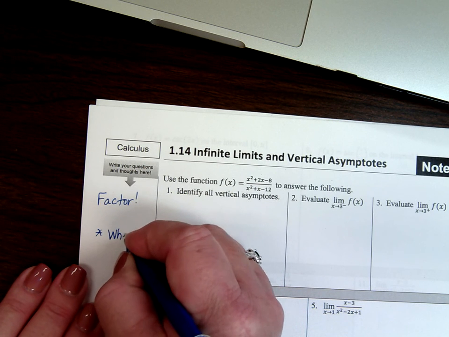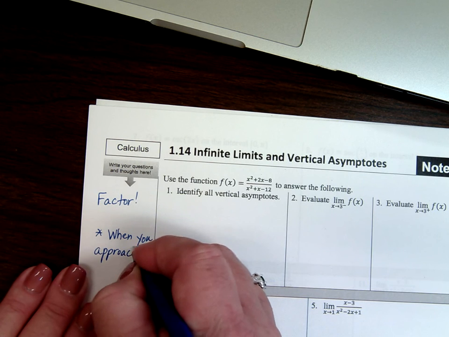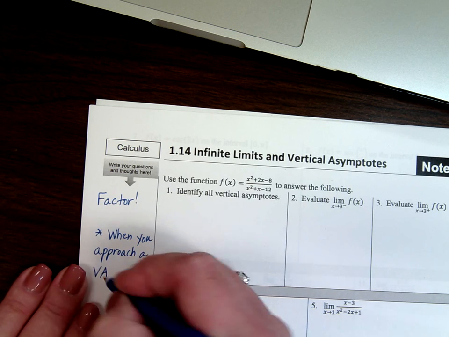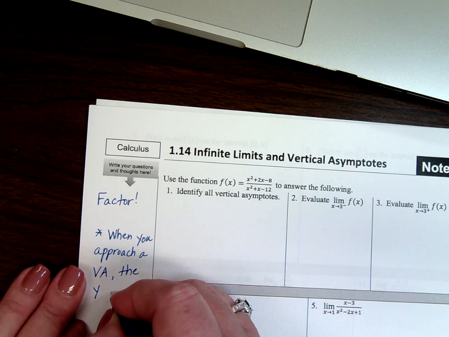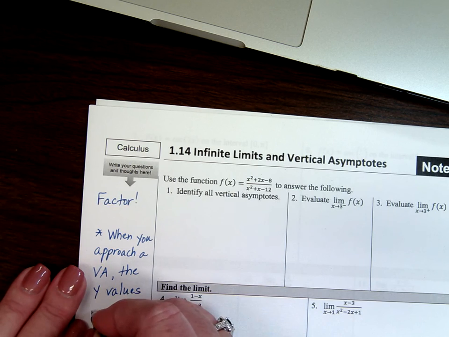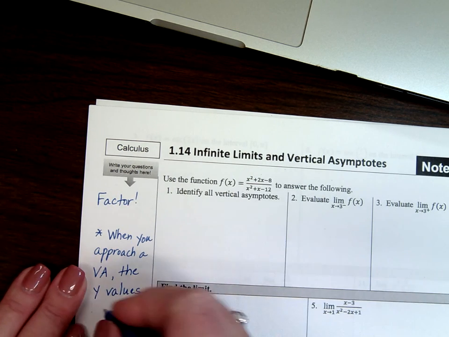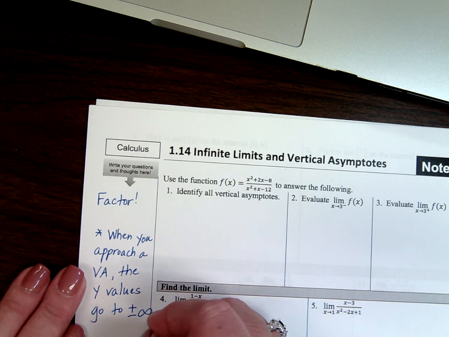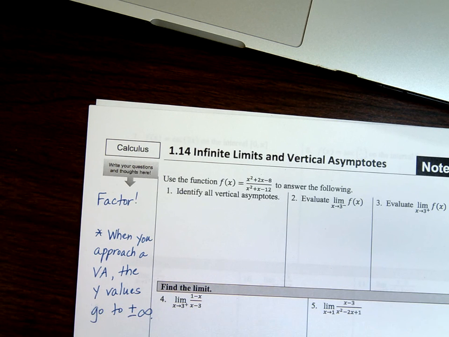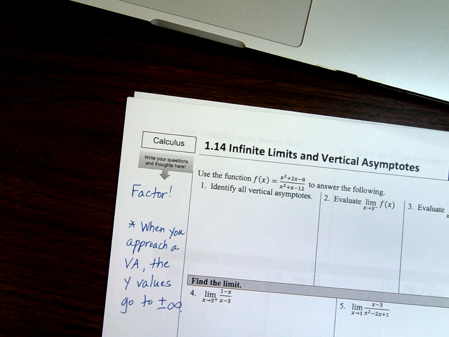When you approach a VA, the y values go to either positive or negative infinity. You don't have any other choice. You're at a dead-end road. You've got to go right or left. So when you approach a vertical asymptote, the y values go either to positive infinity or negative infinity.